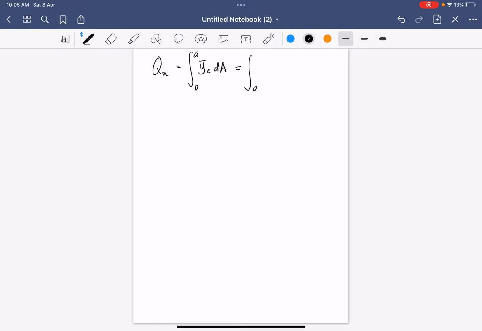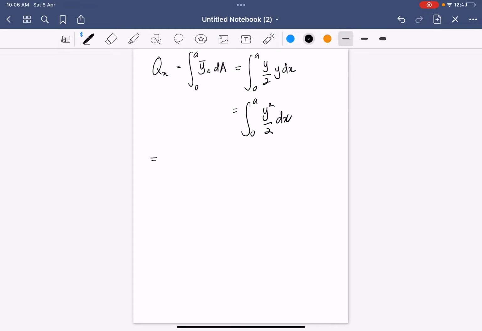Substitute that y over 2, and dA is y dx. Simplify this, and you'll get y squared over 2 dx.